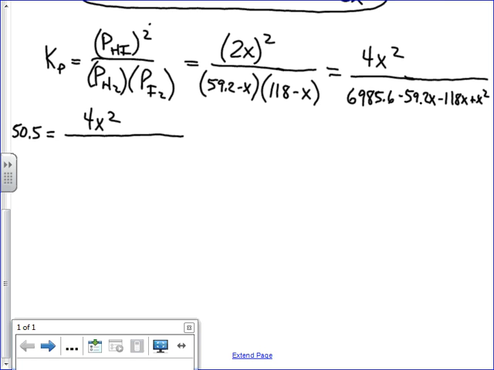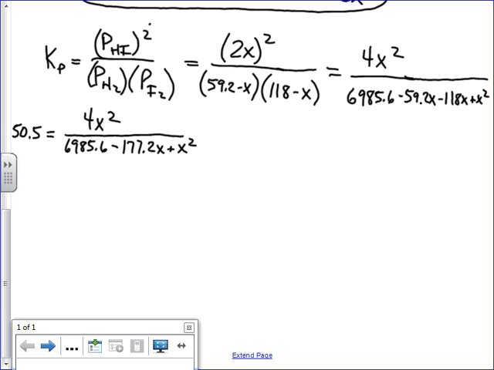Okay, so 50.5 equals 4x squared over 6985.6 minus 177.2x plus x squared.